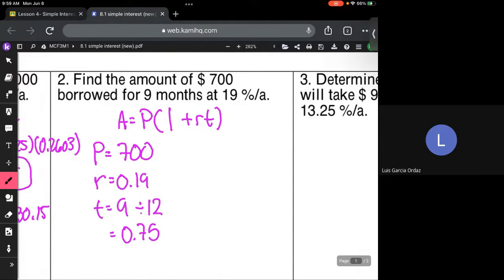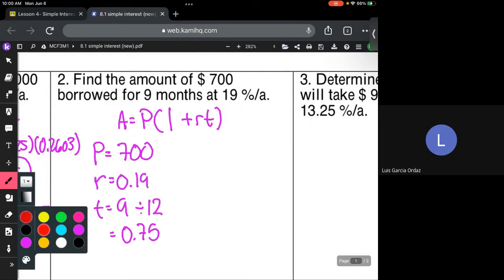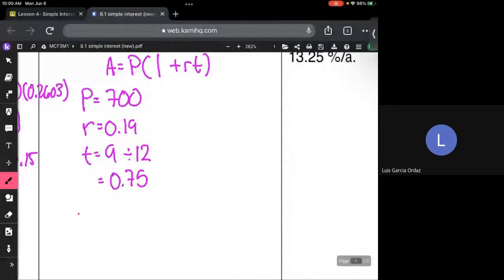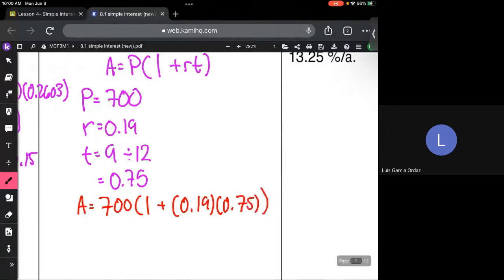So now I have my P, my R, and my T. So now I can just plug in all of those numbers. So I get A is equal to P, which is 700, times 1 plus my rate, which is 0.19, times 0.75. So again, I'm going to do what's in my bracket. So 0.19 times 0.75, what would that give me?